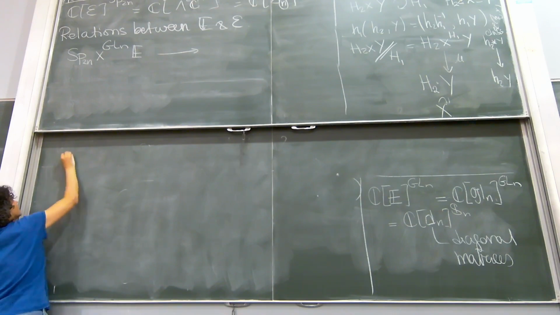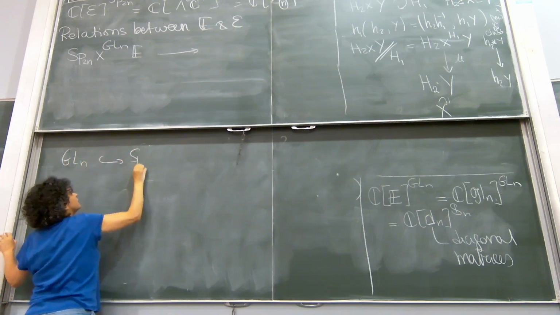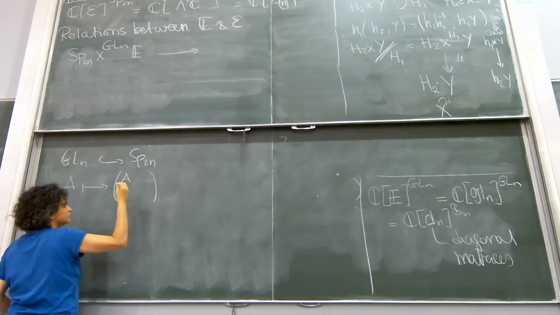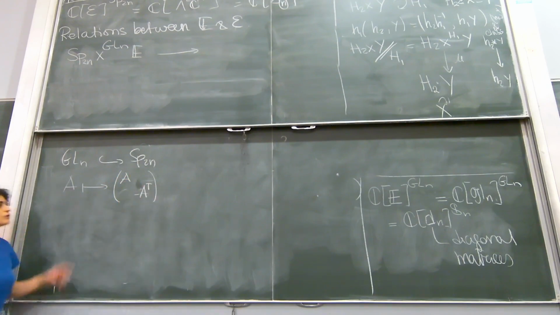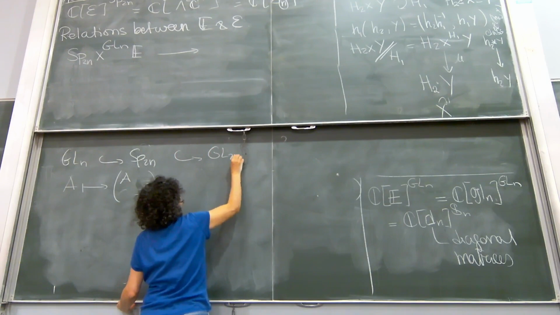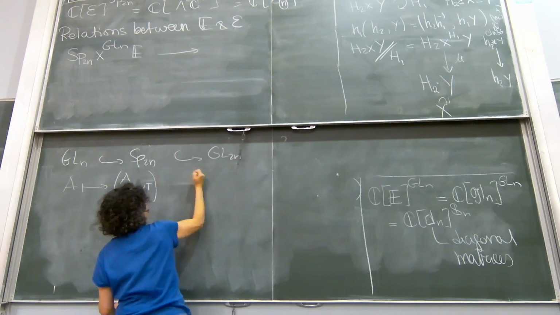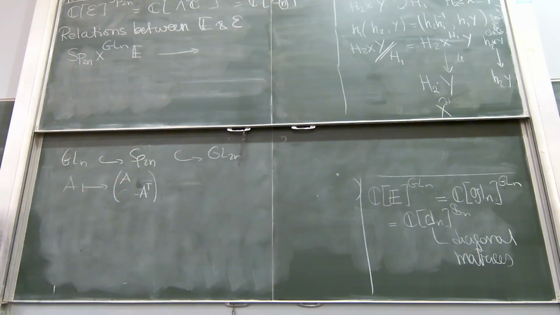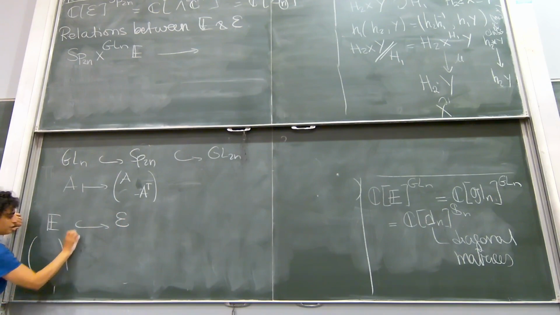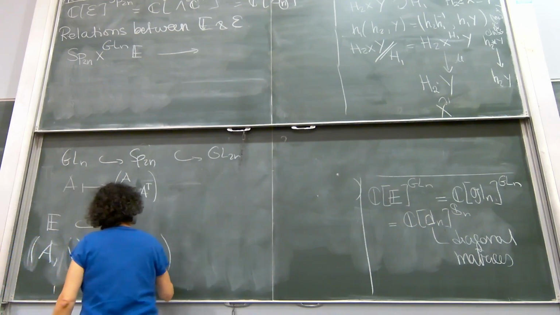So if you want to have some GLN inside Sp2N, it depends on the form, but it's this one, and then Sp2N is contained in GL2N by whatever. It's clear how this is contained in the other. And again, the enhanced representation can be seen inside the exotic by, well, you have a matrix A and a vector B, and this goes in this way.